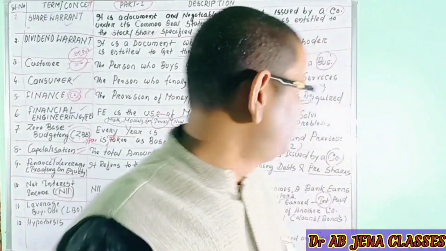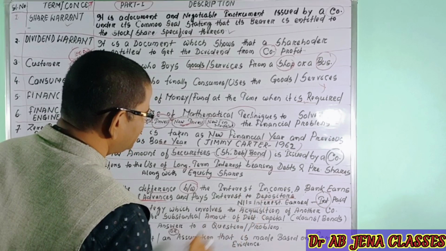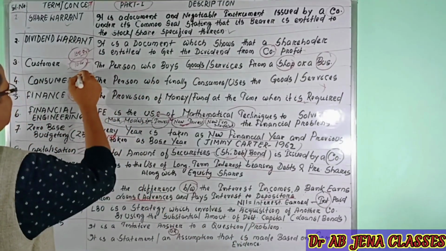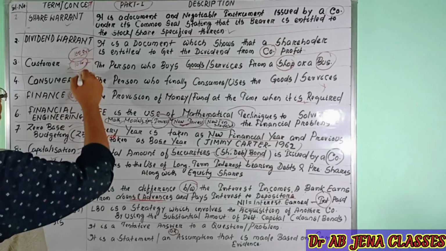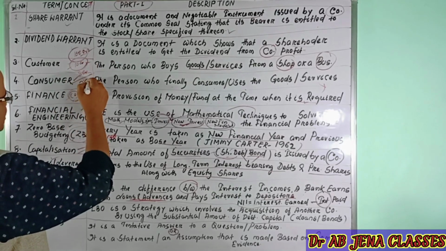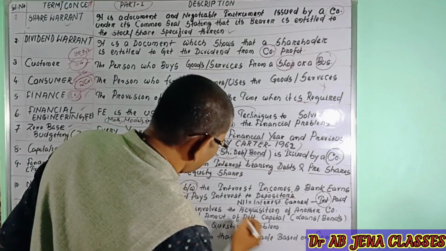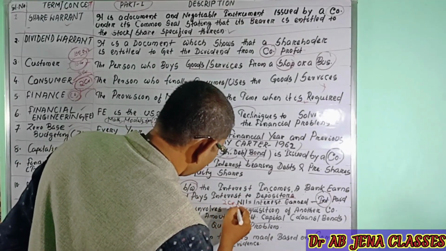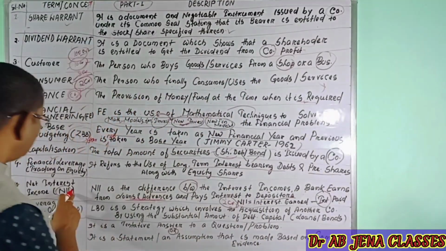There the bank will pay interest to the depositor. Let's take an example, that is 8 crores. So the difference between 10 crores and 8 crores is 2 crores. So here NII will be 2 crores. So this 2 crores is the net interest income to the bank.